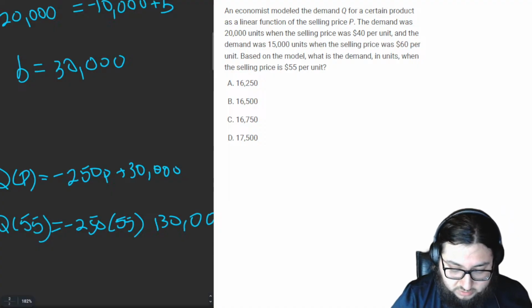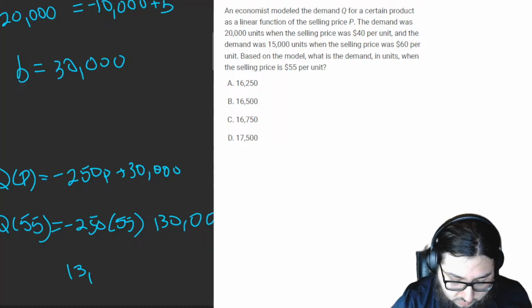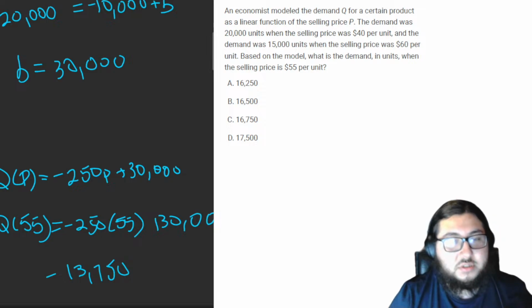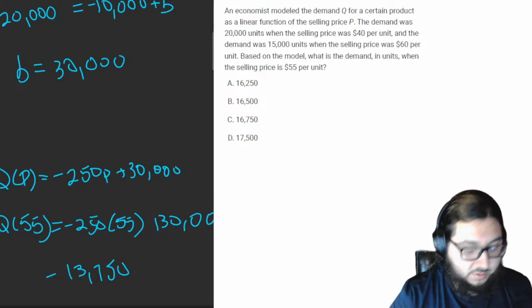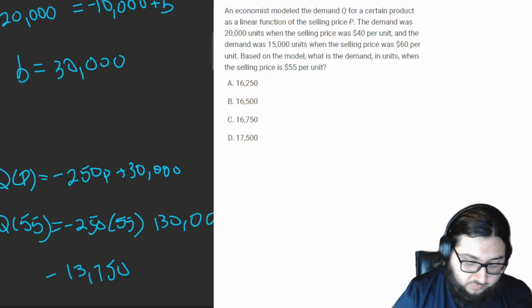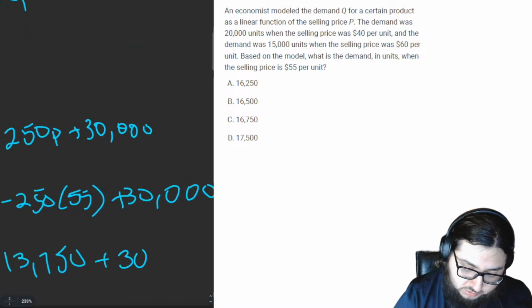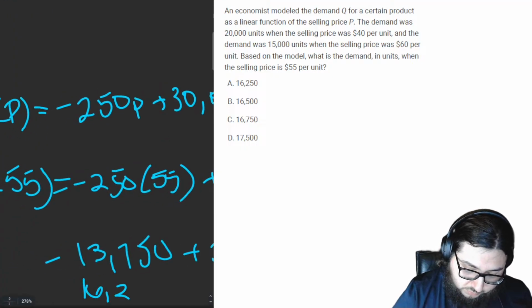If somebody could do this math for me, I'll try to do it in my head. It's like 12,500 plus 1,250, 13,750 or something like that. Let's use a calculator just so we don't mess this up. 250 times negative 55 is in fact negative 13,750, plus 30,000 gives us 16,250.